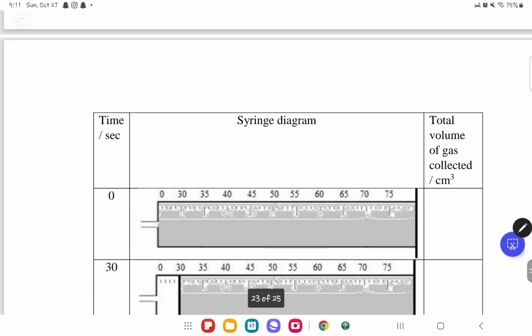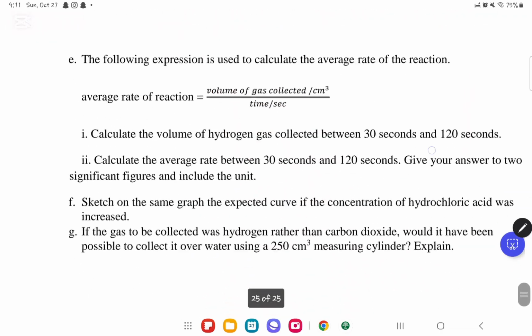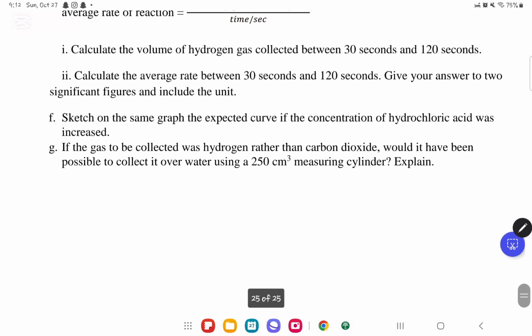So that means the hydrochloric acid is the limiting reactant. If we increase the concentration of the limiting reactant, then definitely both the slope and the plateau are going to be affected. So the curve is going to be above the original curve, and the final volume of hydrogen is also increased. So if this was our curve originally, then after increasing the concentration, it would look like this.